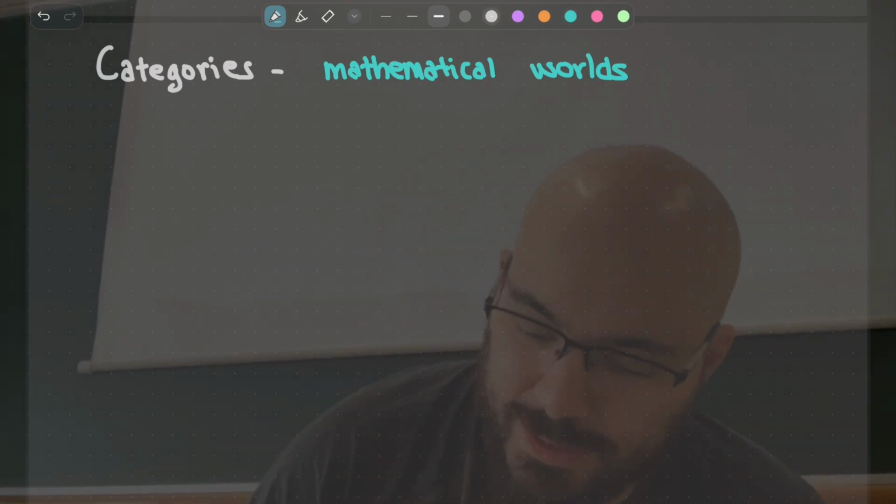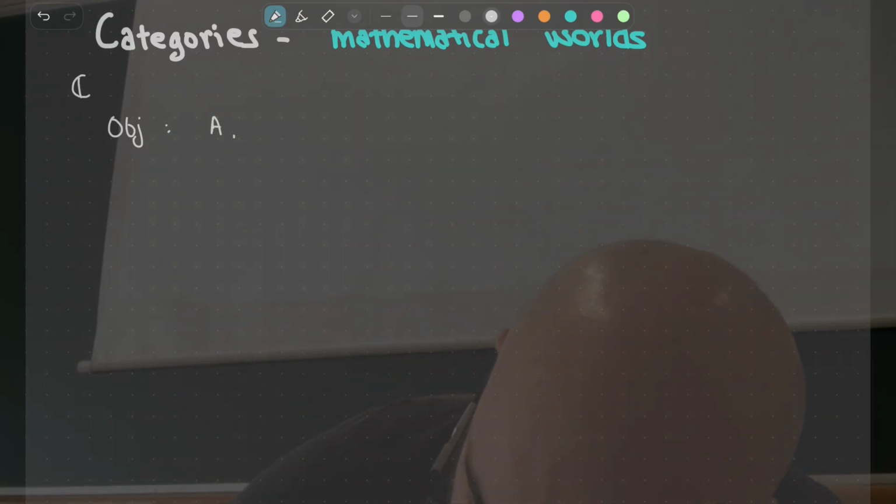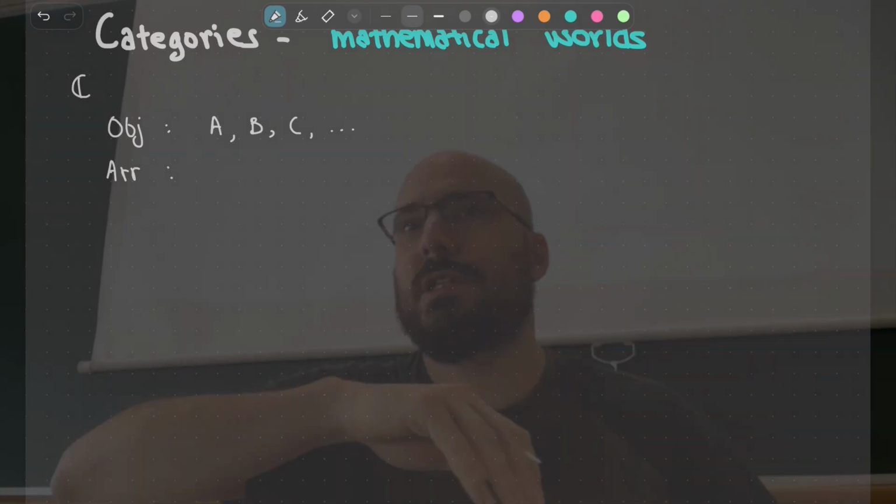So let's start with this idea that in order to specify a category, I need to tell you what the objects are. Let's say I'm specifying a category, I will give it a name C, and I have to tell you what the objects are. And I will use letters from this neighborhood of letters to denote objects. I also have to tell you what the arrows are, and consider the arrows like the means of going from one object to another.